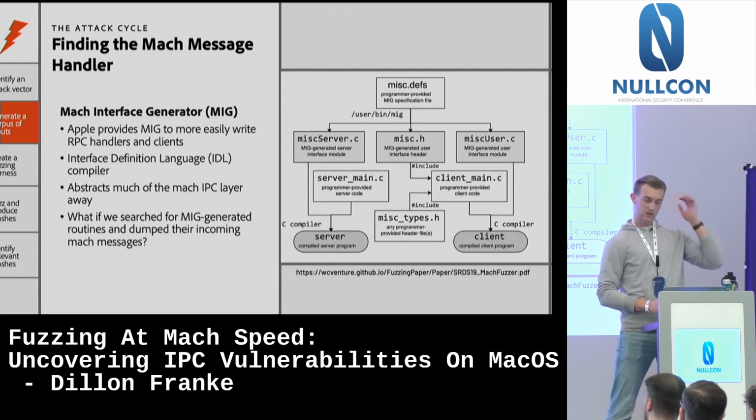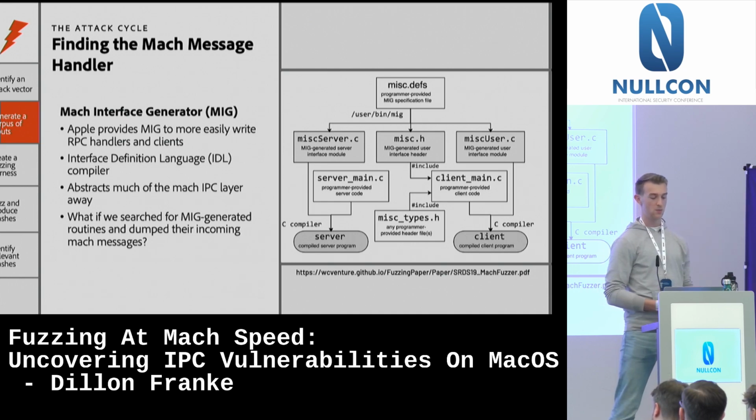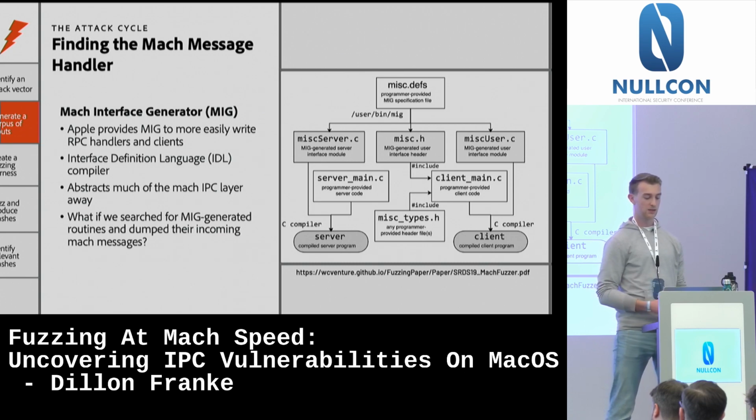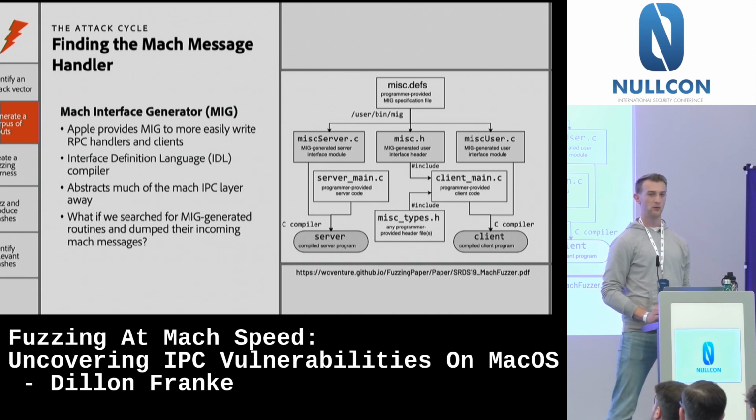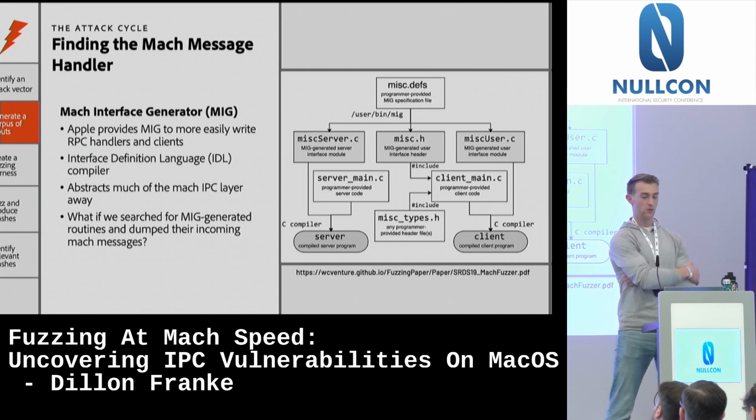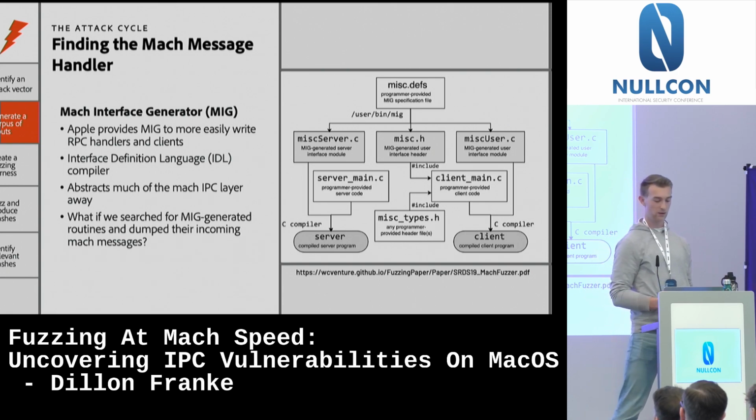To figure this out, I started looking into the Mach Interface Generator, which is known as MIG. It's essentially an Apple-provided tool which allows you to more easily write RPC handlers using Mach messages. It's known as an interface definition language compiler.